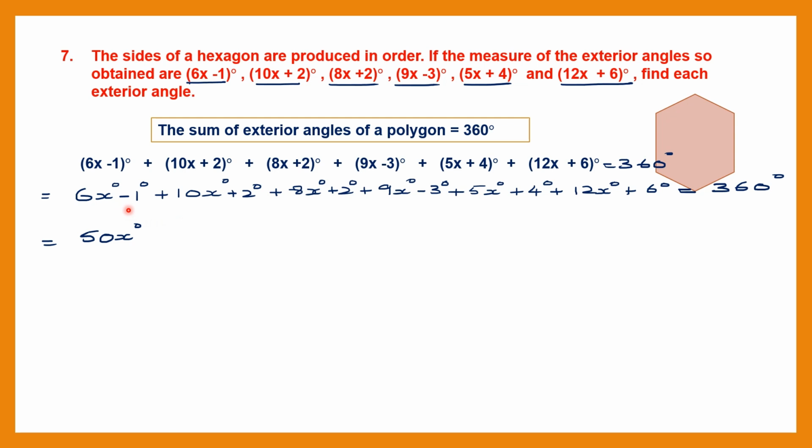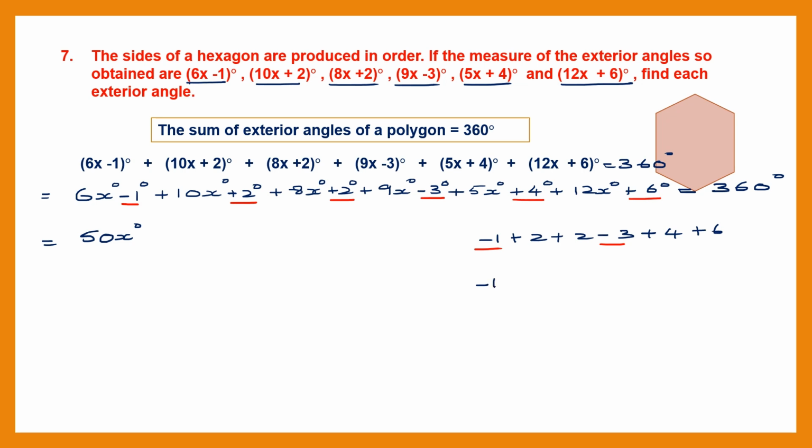Now let's take the integers, the numbers that we have here. So here we have minus 1, plus 2, minus 3, plus 4, plus 6. So let's write all that down. Let's put the minus signs together. So here we have minus 1 and minus 3.